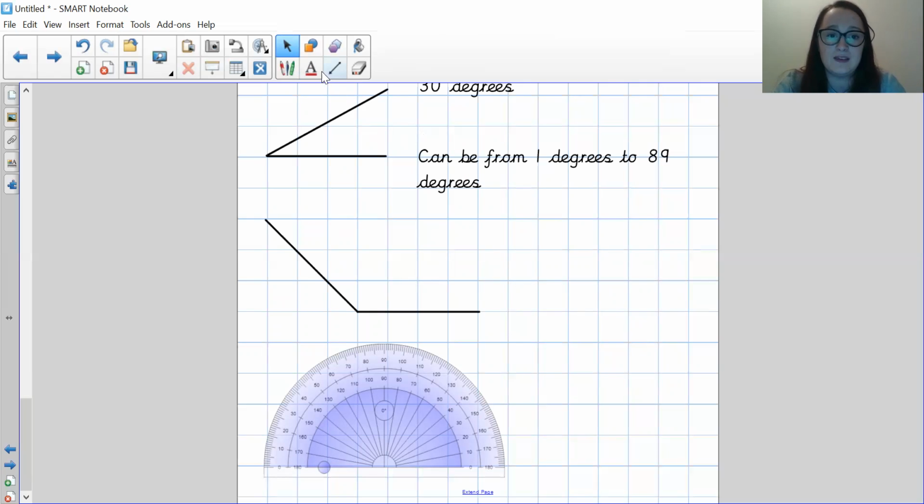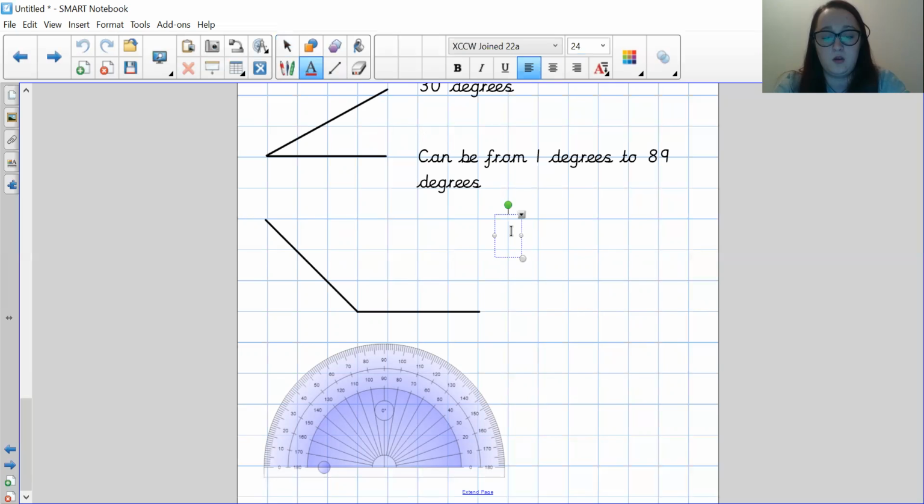So I'm just going to write this here: obtuse angle, okay? And that's just to jog our memories. Now, we know that a right angle is dead on 90 degrees, but an obtuse angle is bigger than 90 degrees, but it's less than 180 degrees, which is all the way across here. So it's half a circle really.